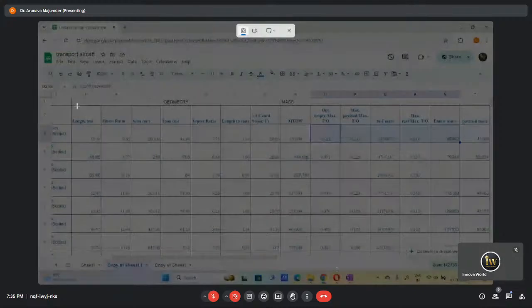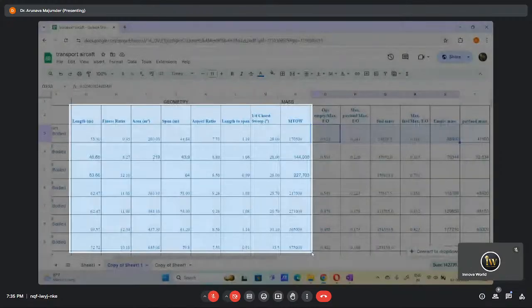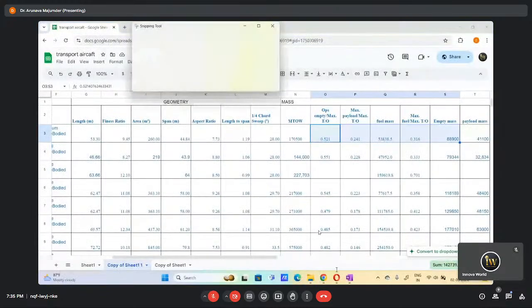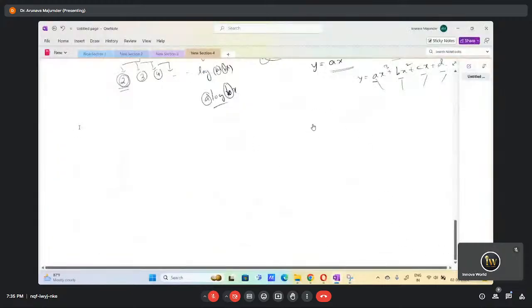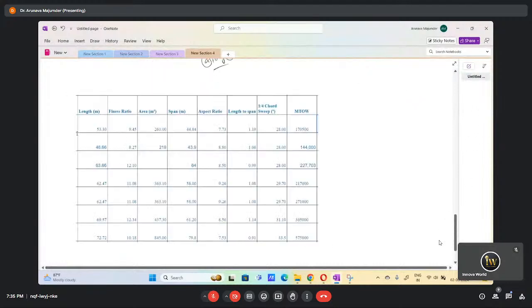I'm considering from the length up to MTOW, up to this. Only up to this data set.